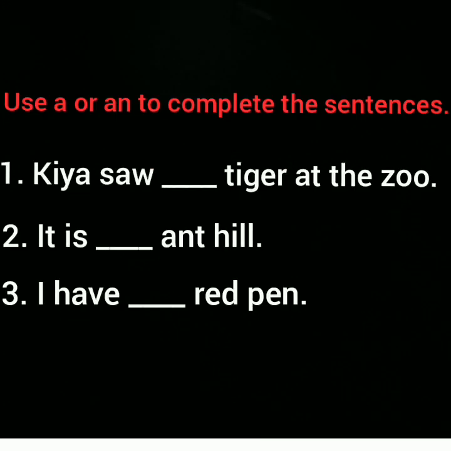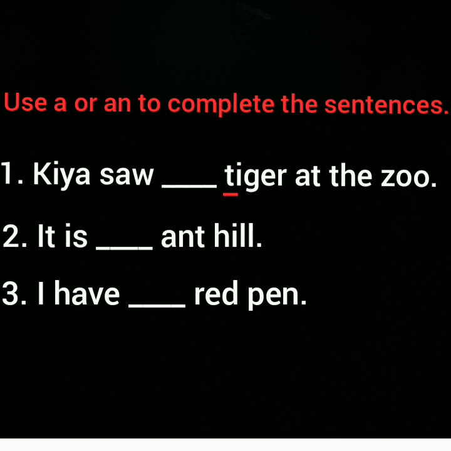Use A or AN to complete the sentences. Number 1. Kia saw dash tiger at the zoo. Kids, we have to see the first letter after dash. Tell me which is the first letter after dash?